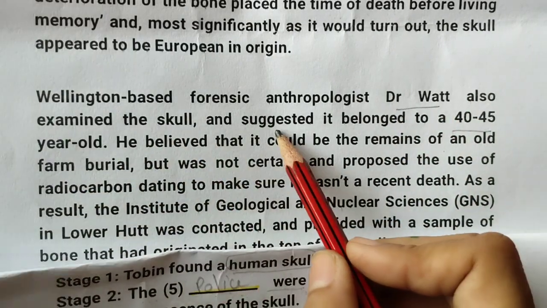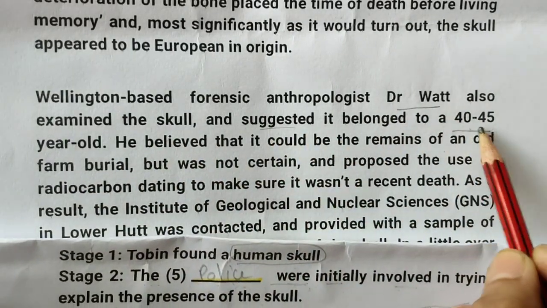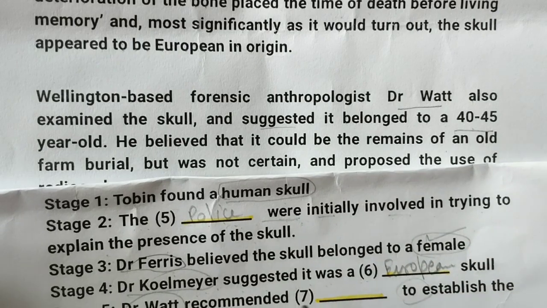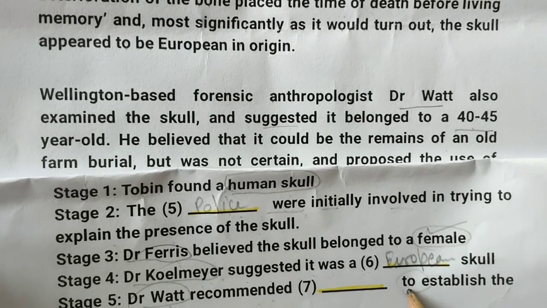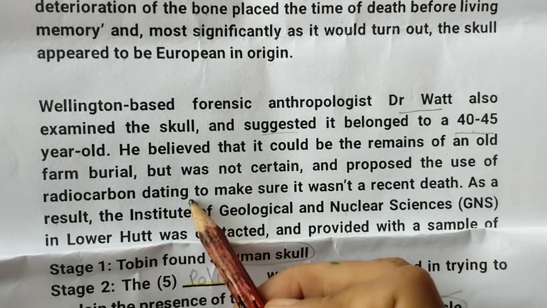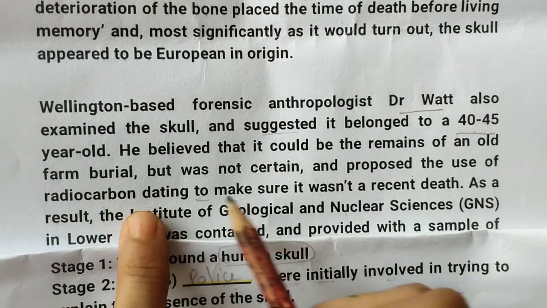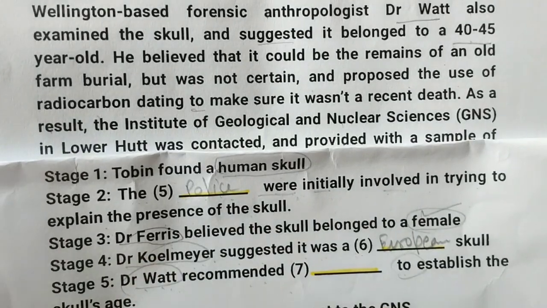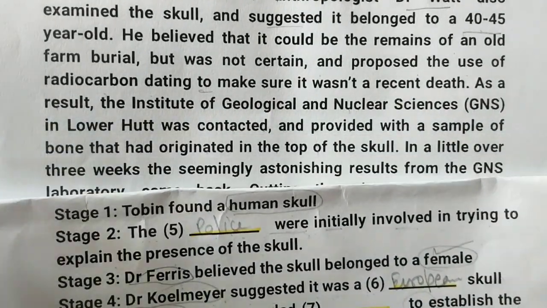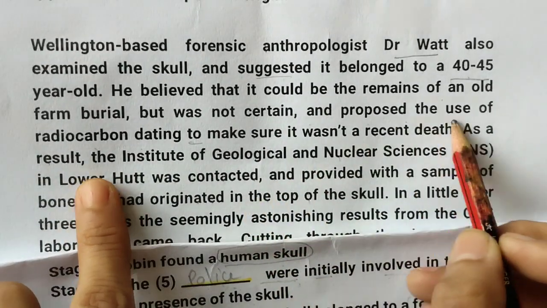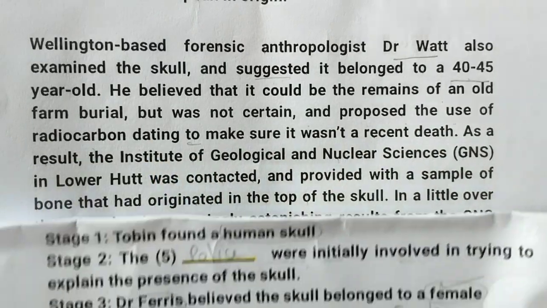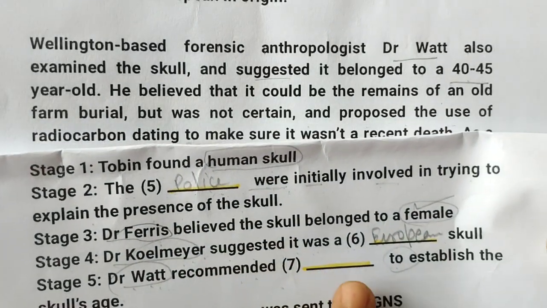Also examined the skull and suggested it belonged to 40 to 45 years old. Okay, recommended to establish. So something to establish, but was not certain, and proposed the use of carbon dating to establish the skull's age. So 'to' is also there, and we will propose the use of, proposed means recommended, the use of carbon dating.